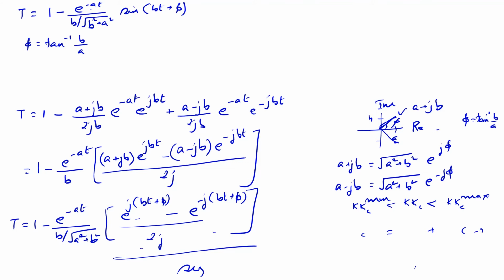And so if you have a second order system forced by a unit step, the response would look something like this, where this is the exponential and the sine wave is oscillating like that, and this is the e to the power minus at curve, and then the sine wave when you multiply with that. So this is the kind of response that you can expect for a second order system with complex conjugate characteristic equation roots.